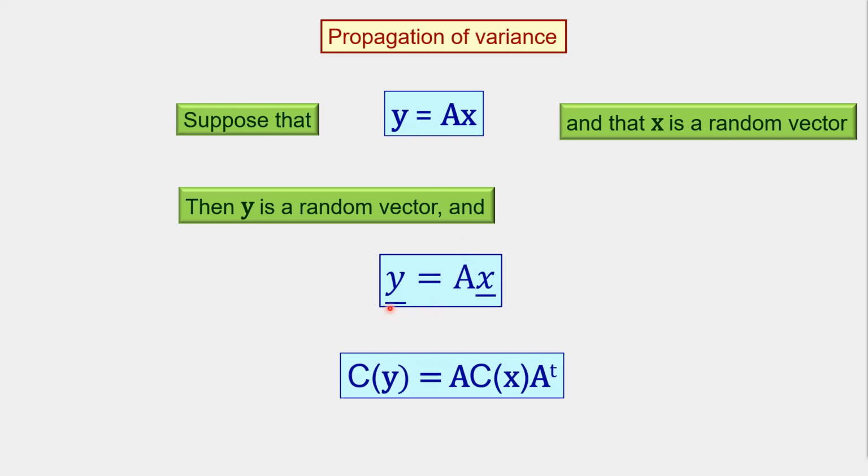The mean of y is simply A times the mean of x. The covariance matrix of y is calculated from the covariance matrix of x using this equation. Hence, if we know the stochasticity of the random vector x, we know the stochasticity of any vector y, which is also random, and which is calculated from x using a matrix multiplication. Thank you.